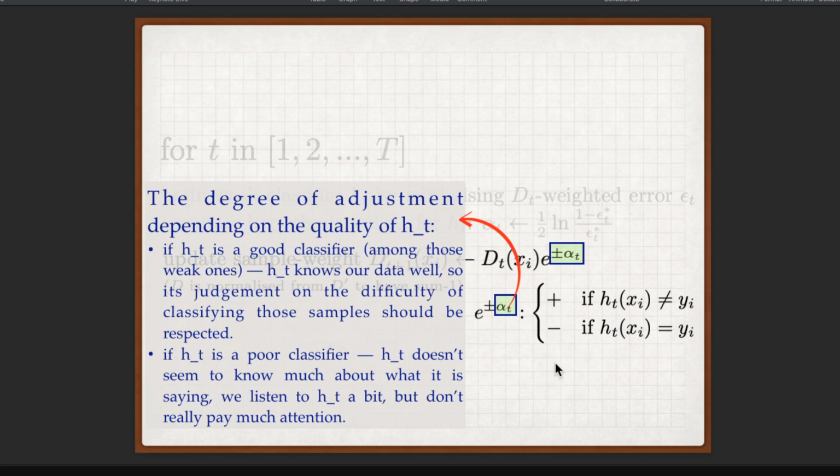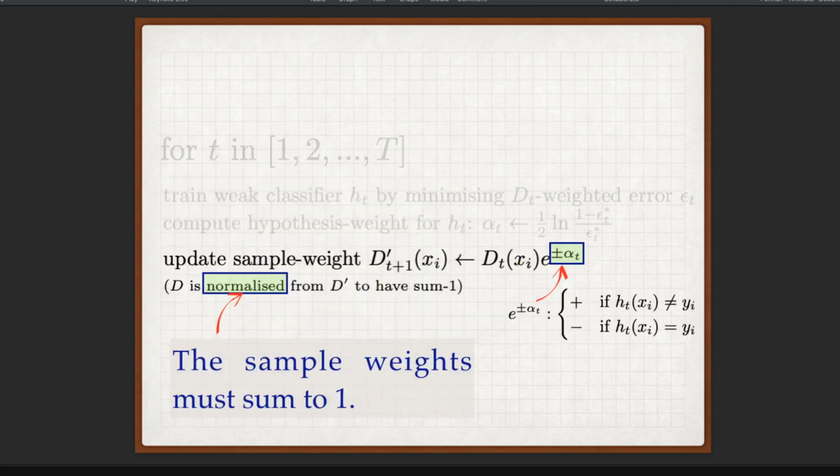On the other hand, if a reliable predictor says this is easy, you can reduce the sample's weight by a large amount. On the other hand, if the predictor is a poor one, does not work too differently from a random guess, we don't listen to this predictor too much, and we don't change our sample's weight too much according to the performance of that predictor.